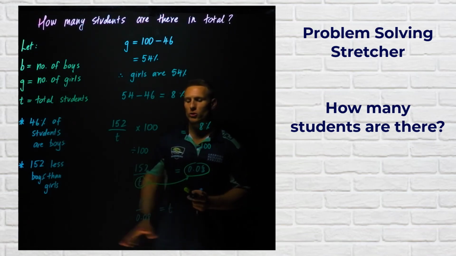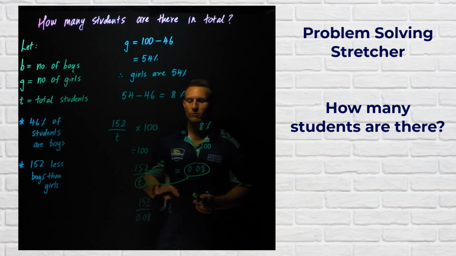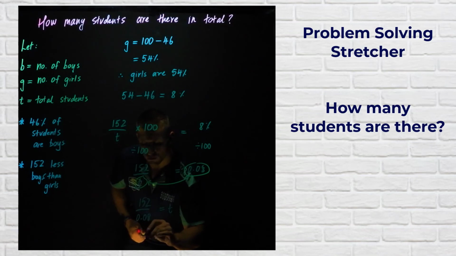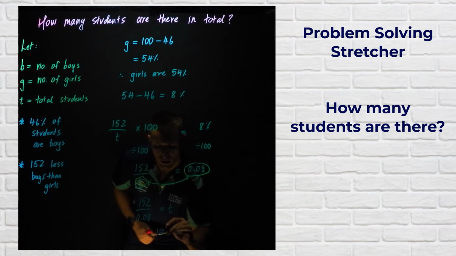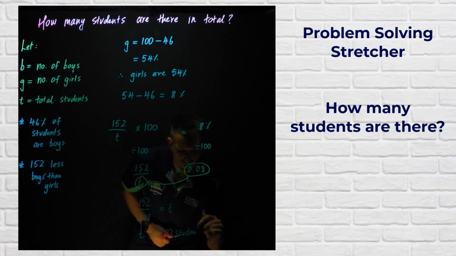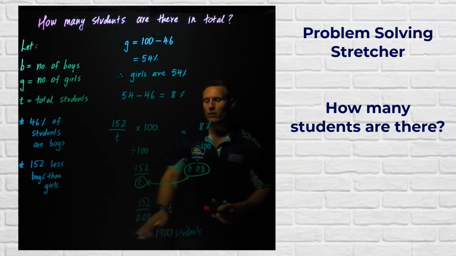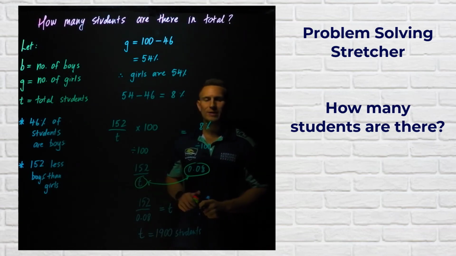Now use your calculator to calculate 152 divided by 0.08, and you'll come to an answer of 1,900 students. So by solving this equation, we've come to the conclusion that there are 1,900 students at this particular school.